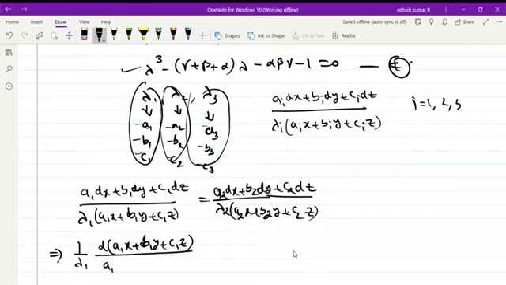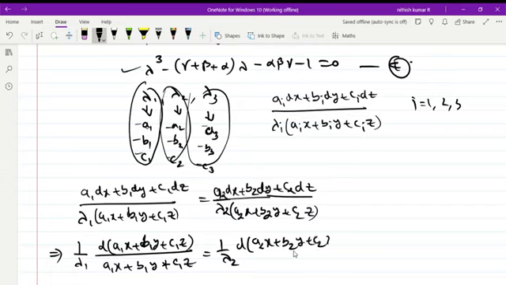Similarly here, it's 1 by lambda 2 into d of a2x plus b2y plus c2z divided by a2x plus b2y plus c2z.